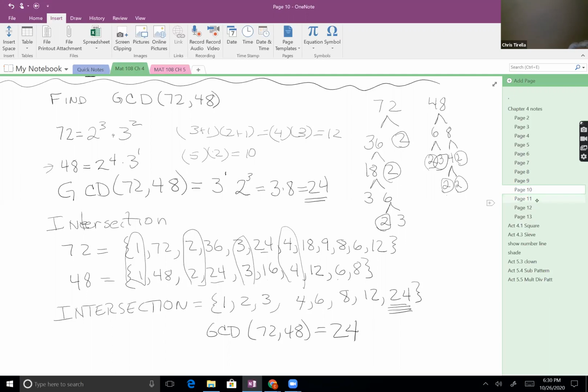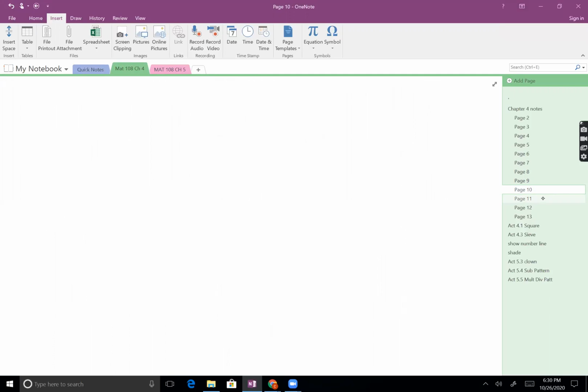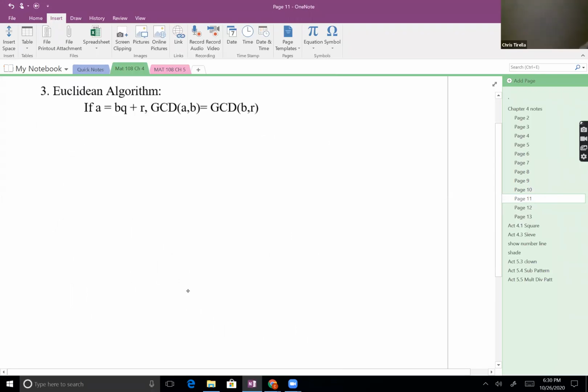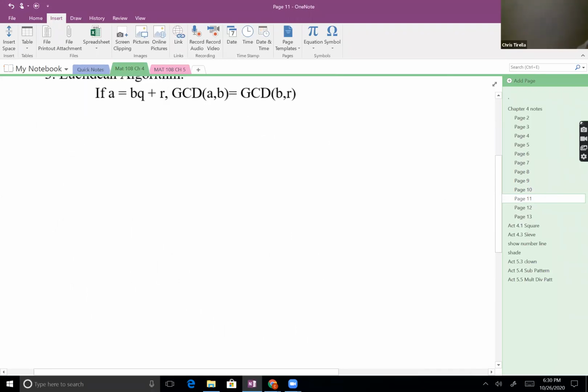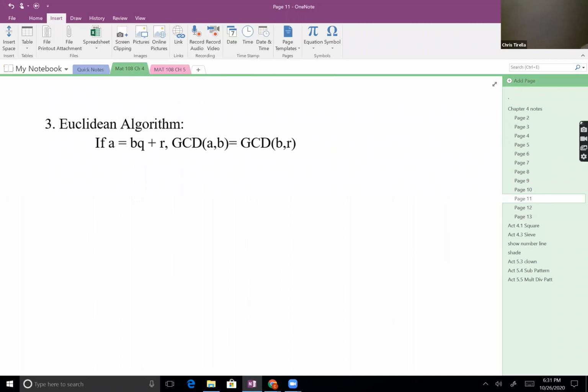And so that third method of finding the greatest common divisor is called the Euclidean algorithm. It says if A is equal to B times Q plus R, the greatest common divisor of A and B will equal the greatest common divisor of B and R.